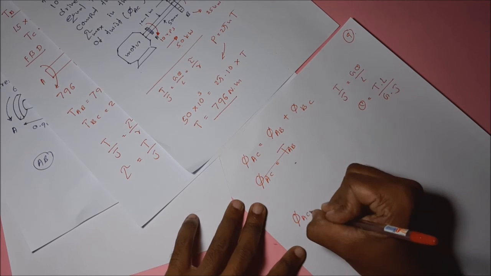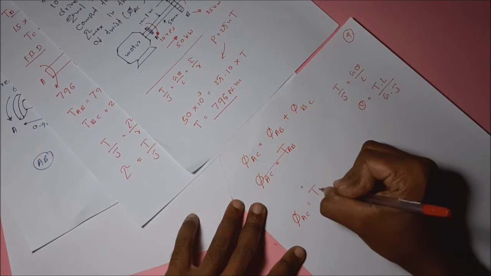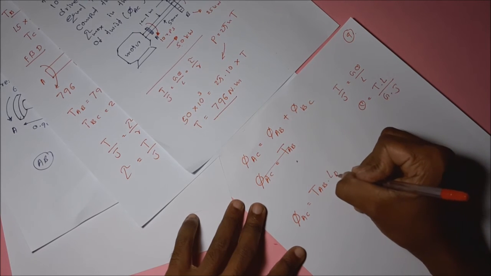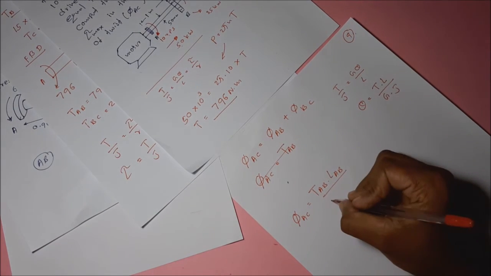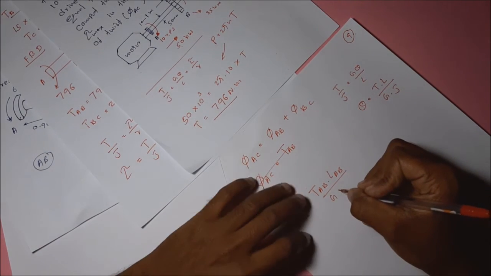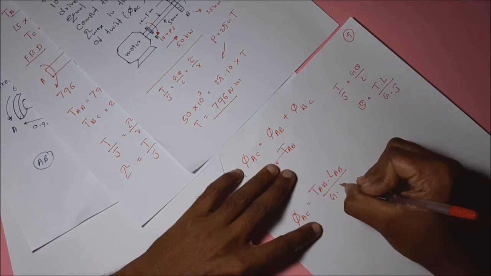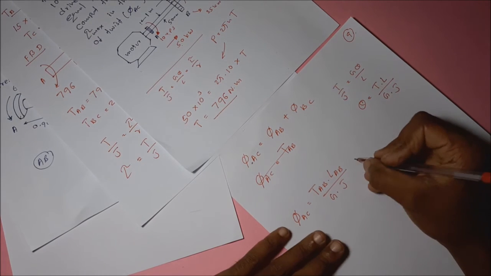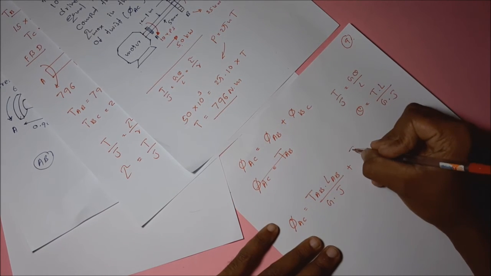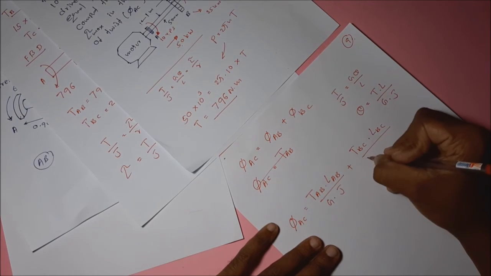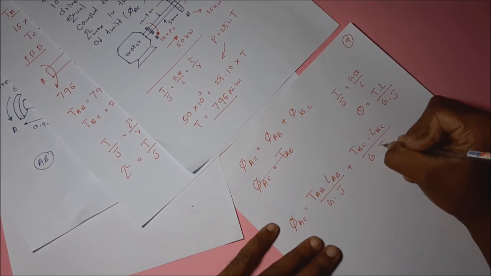Phi AC is equal to T AB into L AB divided by G J, plus T BC L BC over G J. The G is common for both the shafts, and the J is also common for both the shafts.